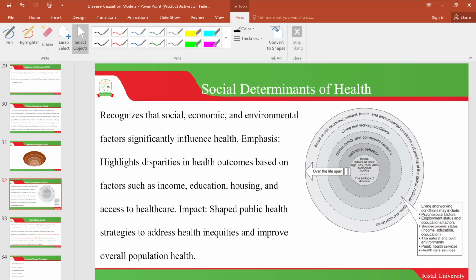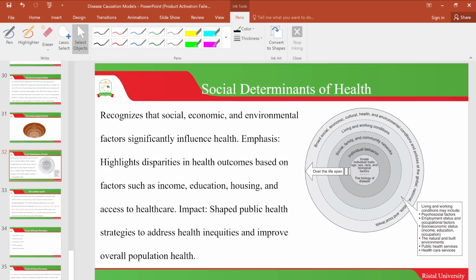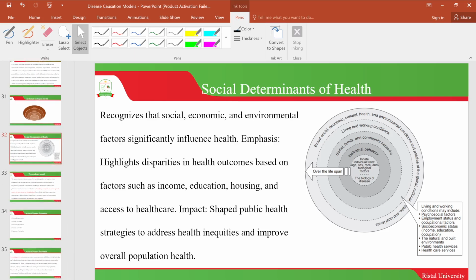Then the most common one in public health is another model, the social determinants of health model, which is also not very different from the socio-ecological model.